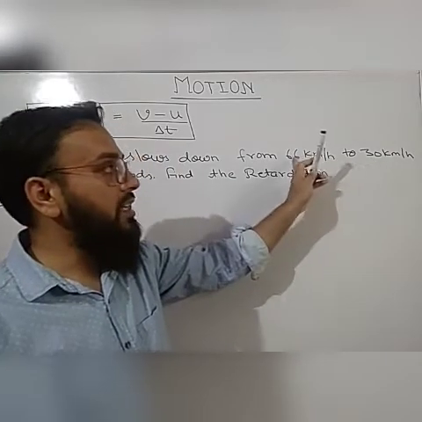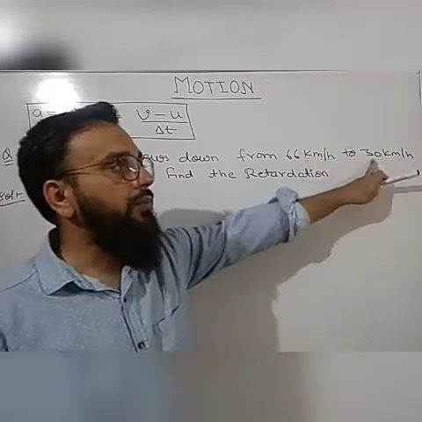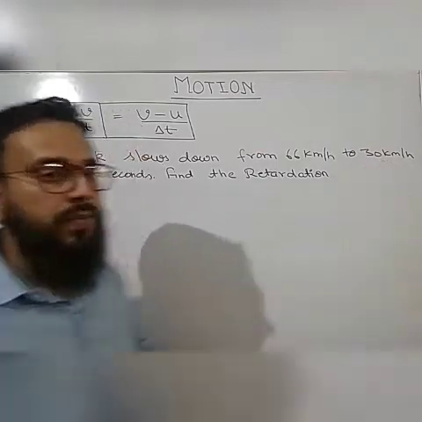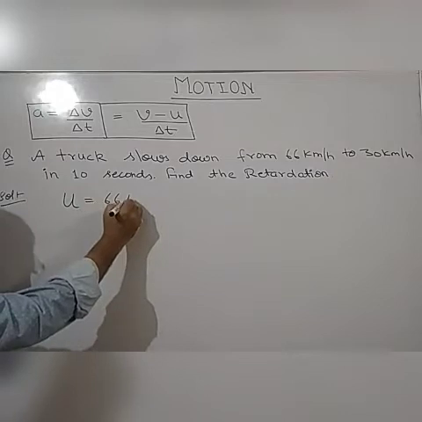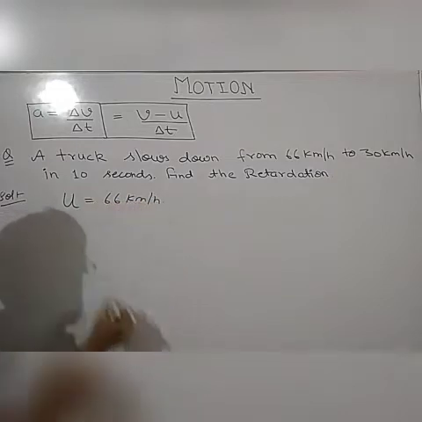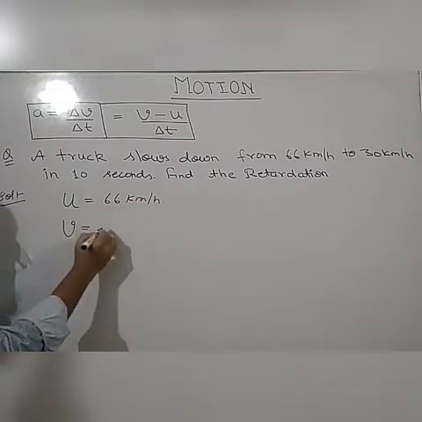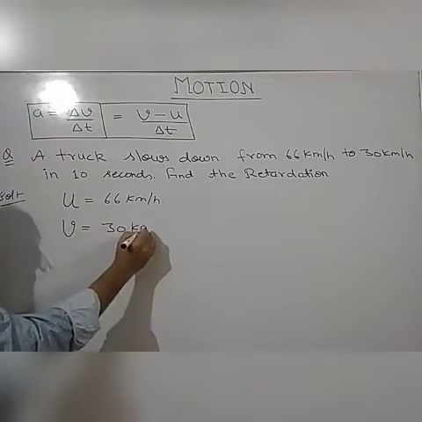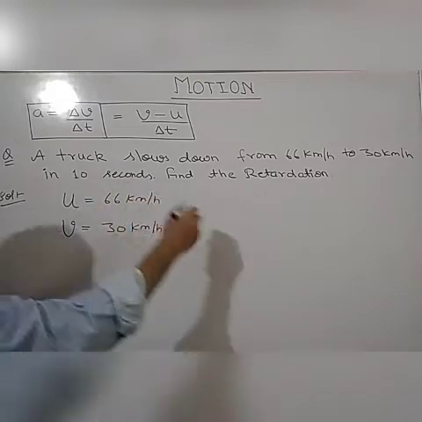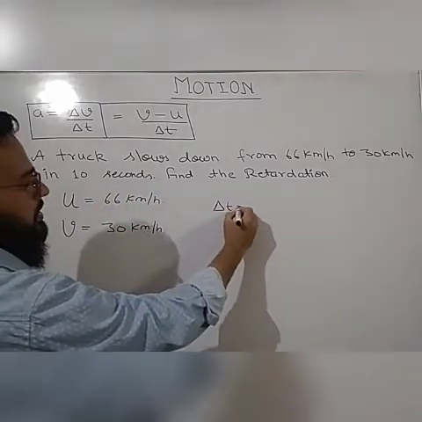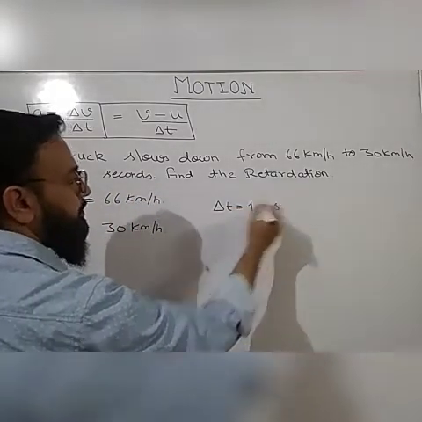It means the initial velocity is 66 and the final velocity is 30. So we have given u is equal to 66 km per hour, and the final velocity v is 30 km per hour. And we have given the time interval, that is delta t is equal to 10 seconds.